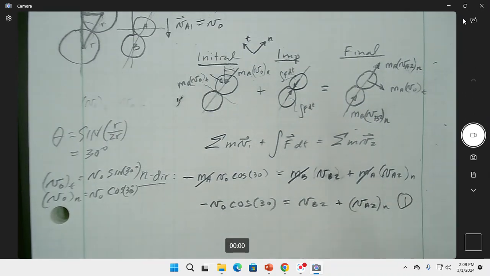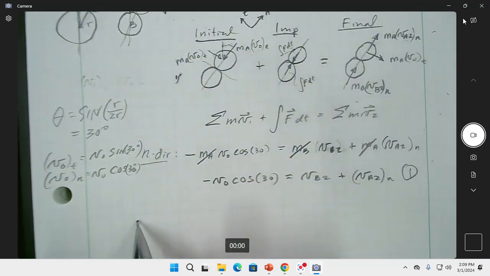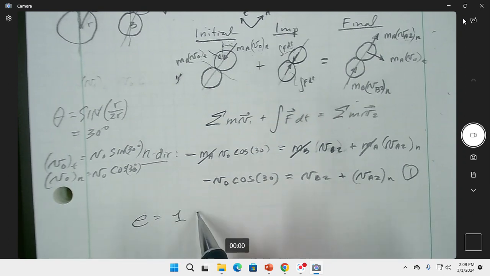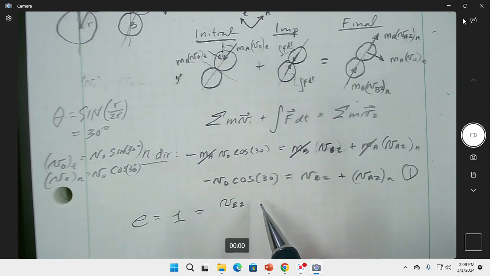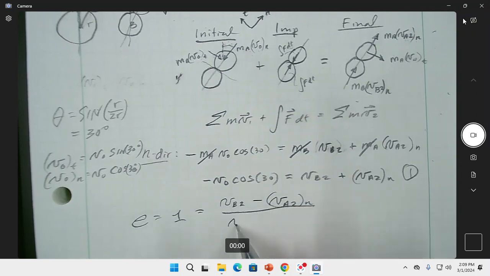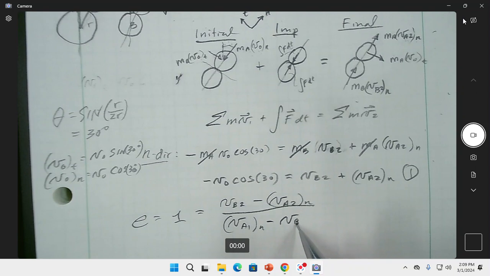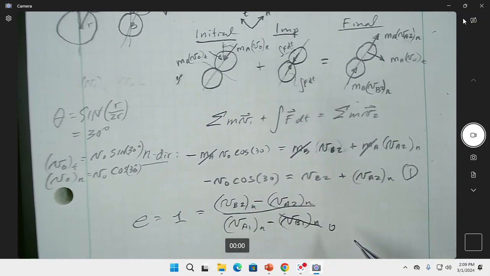That's equation 1. Now we have the coefficient of restitution as we had up at the top. I'll rewrite it out here. We said that e was equal to 1 and it was equal to V A2 normal divided by V A1 normal, minus, this guy is 0 though.